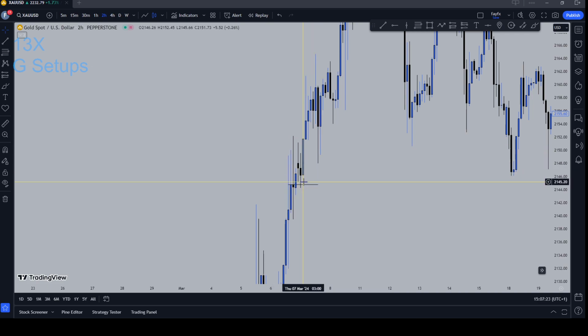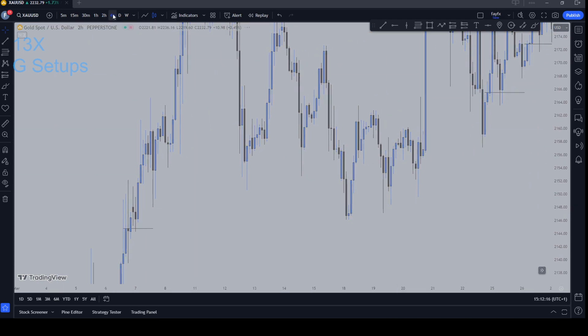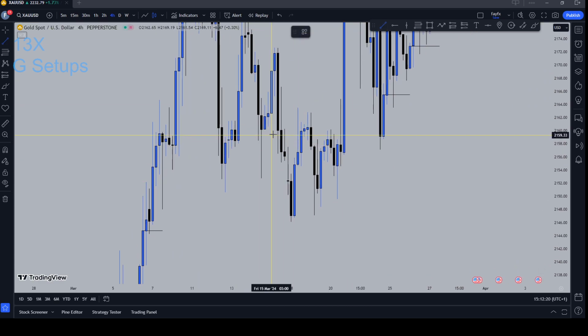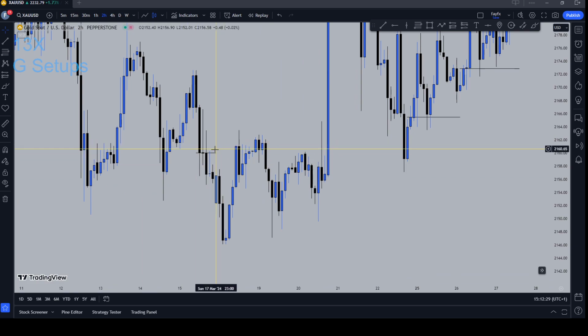Price came down, touched that level, and flies up. Another example. Let's see what happened here. We have a gap on H4. When we go to H1, H2, we get a gap CC.